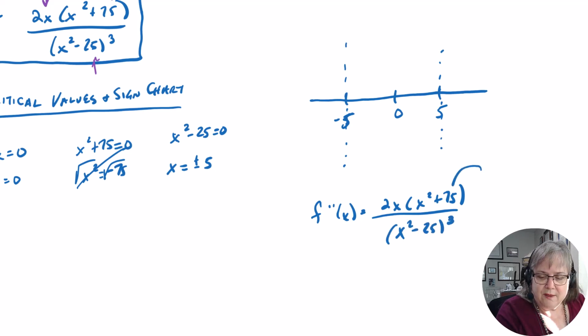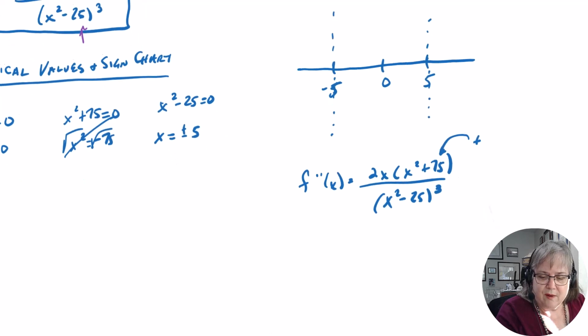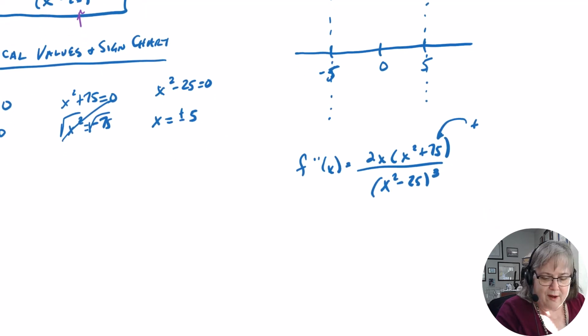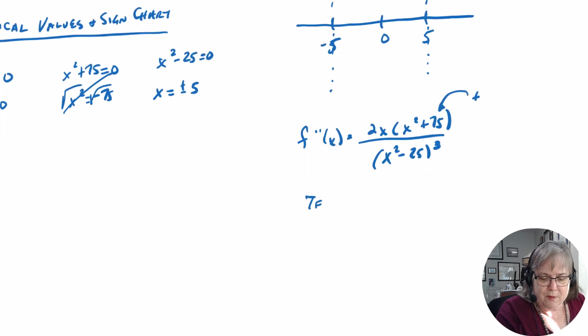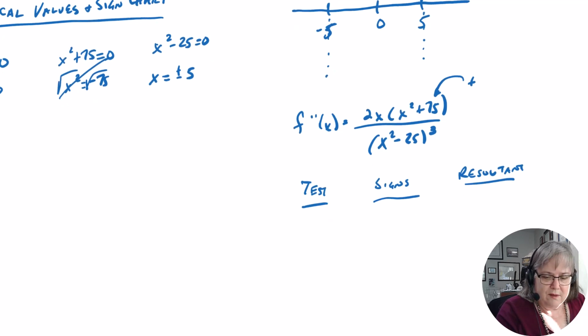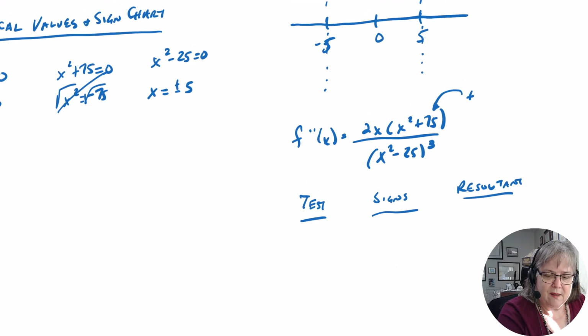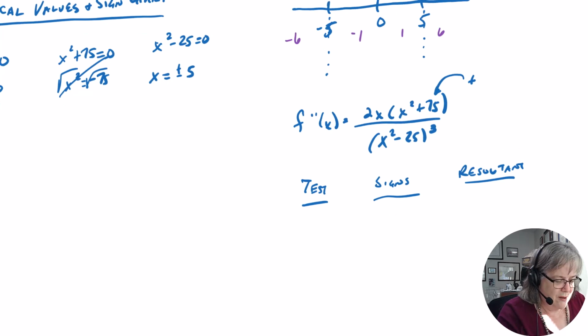Okay, now remember, this one is always going to be positive, all right, because you take any number, square it, add it to 75. So you can have your test point, and then your signs, and then your resultant sign. Okay, so if we did, let's see, we could do -6 and -1 and 1 and maybe 6. All right. So if we use the test point of -6, then that 2x would be negative.